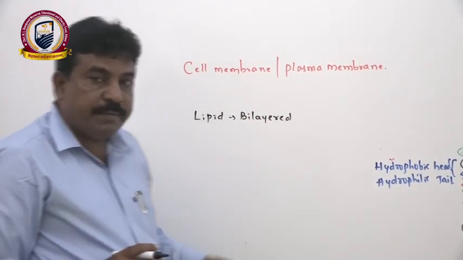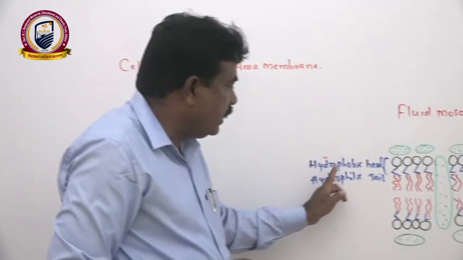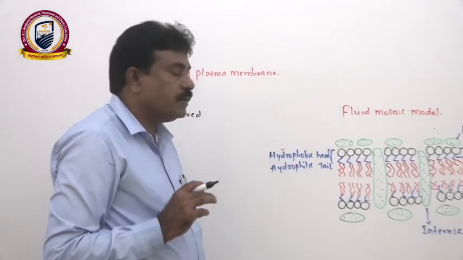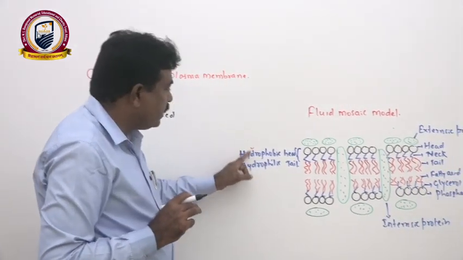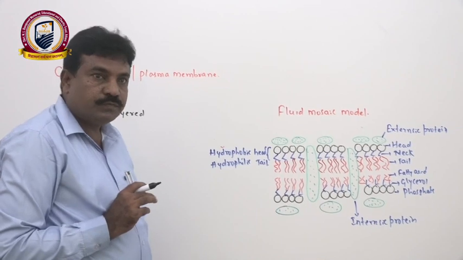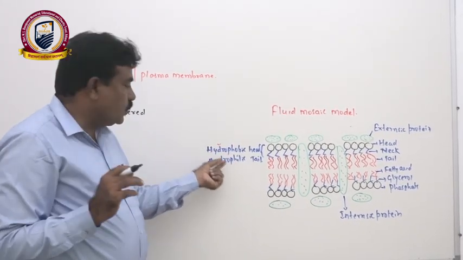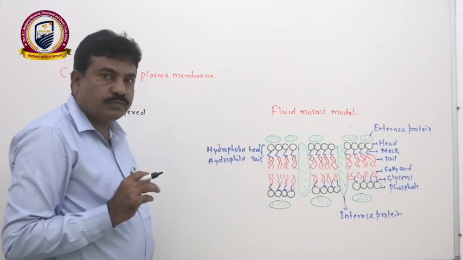As I mentioned earlier, the head does not absorb water in the case of a phospholipid molecule, hence it is a hydrophobic head, whereas the tail absorbs water, hence it is called a hydrophilic tail.